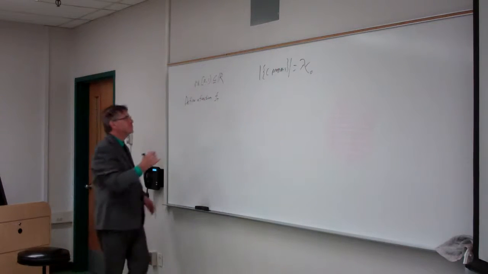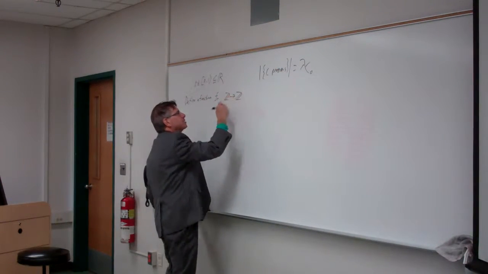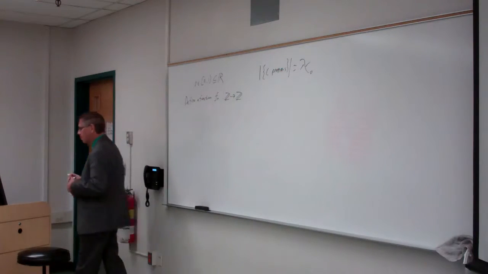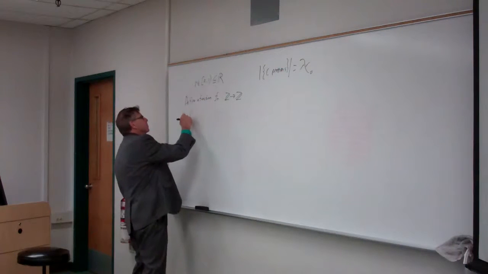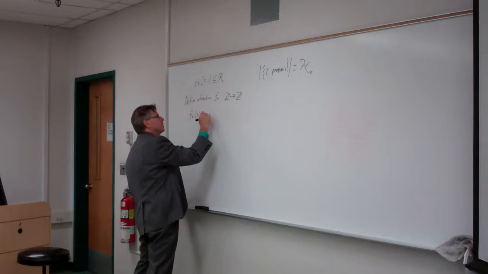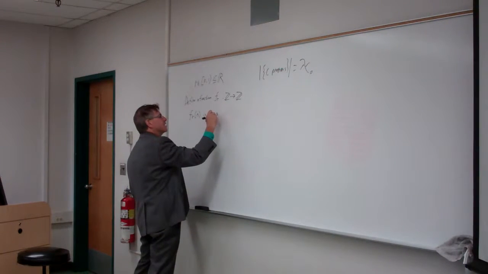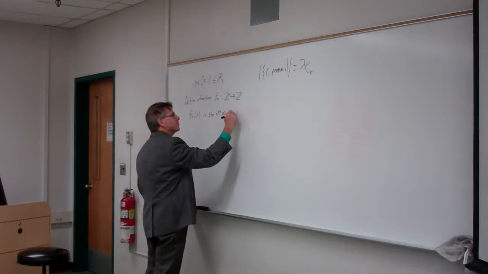And this function maps from the integers to the integers. Here's how it does that. f_r of n is the nth digit of r.